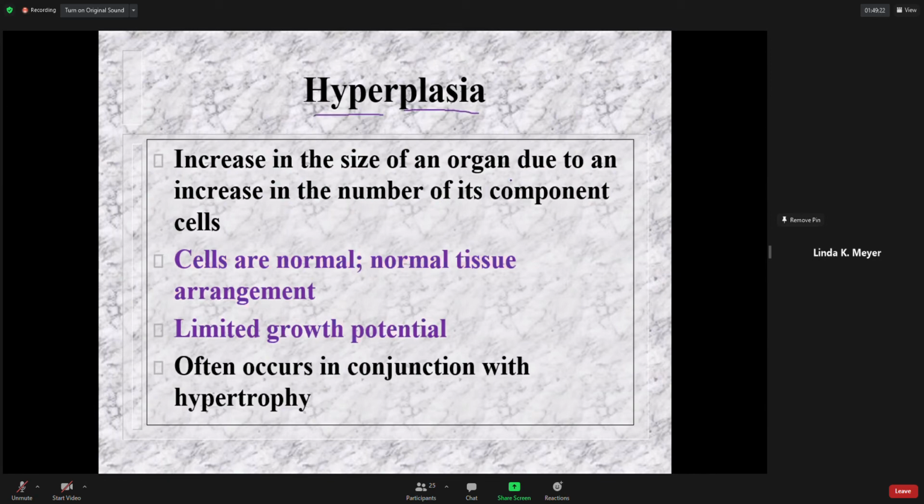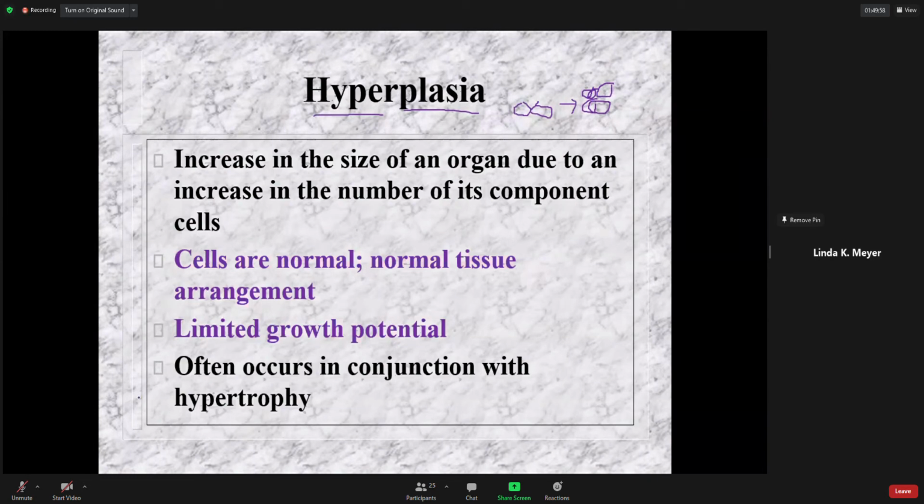So what happens in hyperplasia, if we had two cells and then we get more cells, overall the tissue gets bigger because of an increase in the number of its component cells. So hypertrophy, the cells get larger. Hyperplasia, more cells are produced.